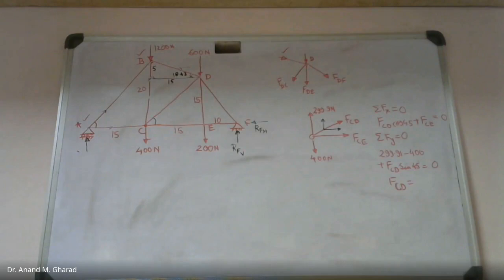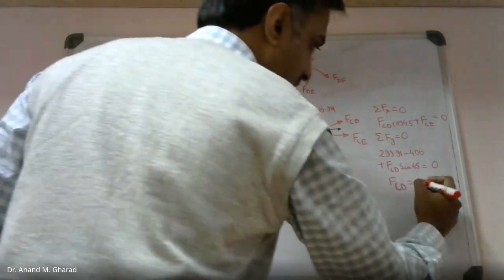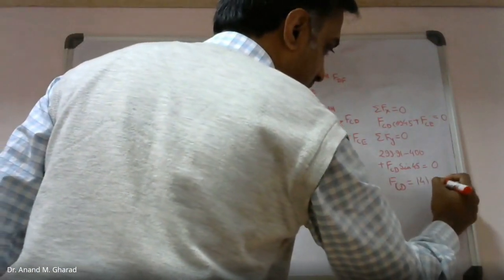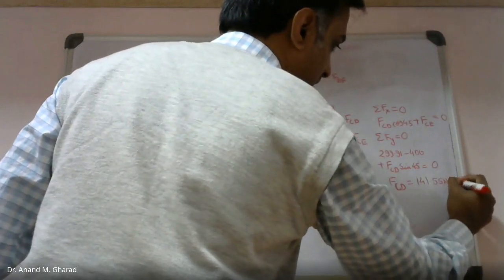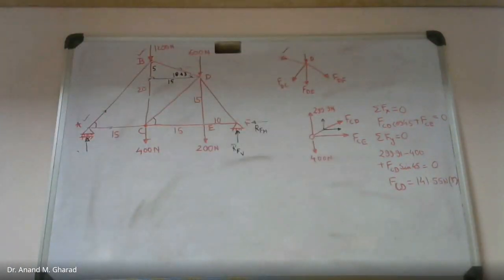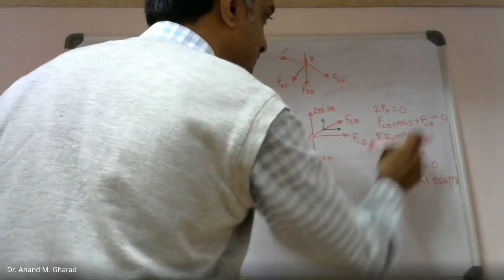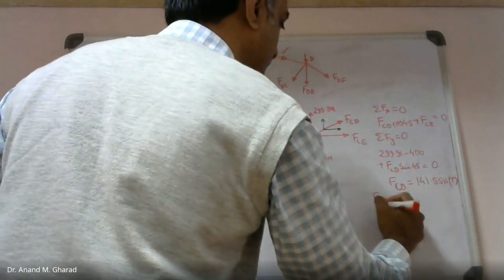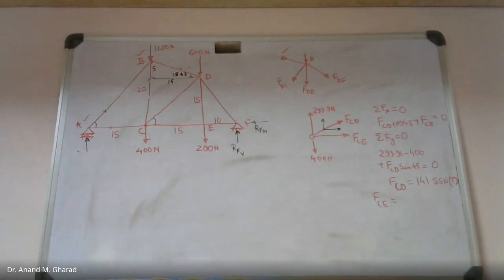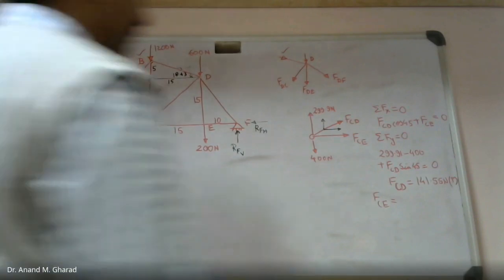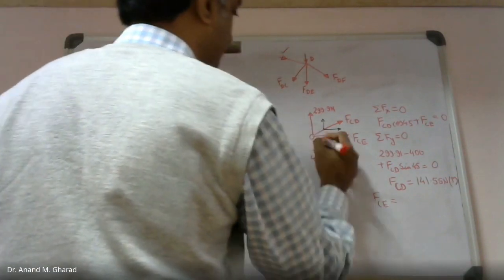I think this will be a positive value. ठीक है? This will be positive value, and our assumed direction is okay. Hence it is tension. FCD is tension value. Then FCE, substitute over here. Here FCE will be compression. Don't you feel so? Because this value will come out to be positive, negative. No, 1 minute, 1 minute. Hold on.